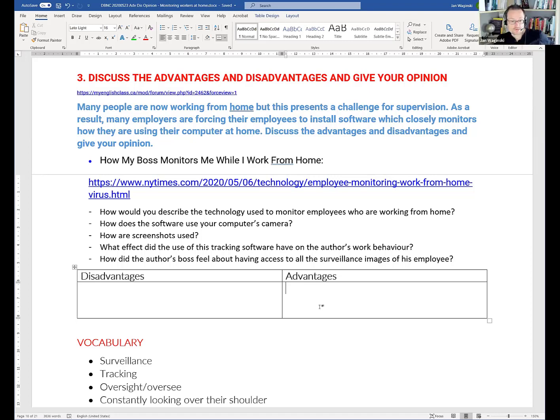So this type of software will not be implemented equally to all types of work. If your job is customer support from home, then maybe that's relevant. But if it's more creative work, it's not so easy to measure what is productive and what's not productive.